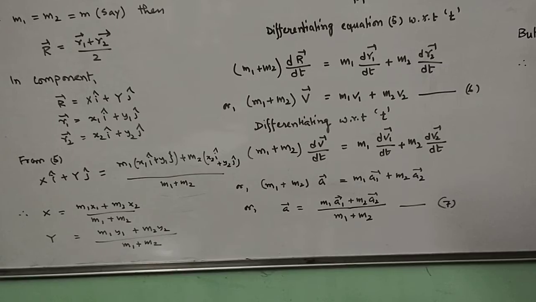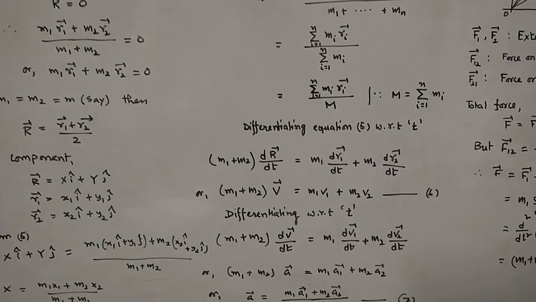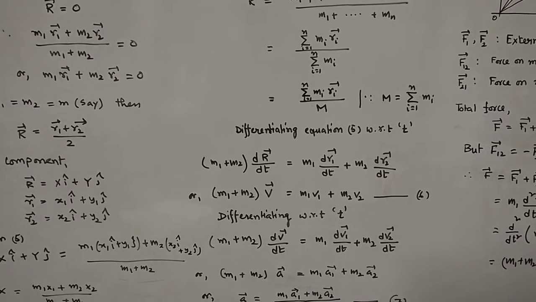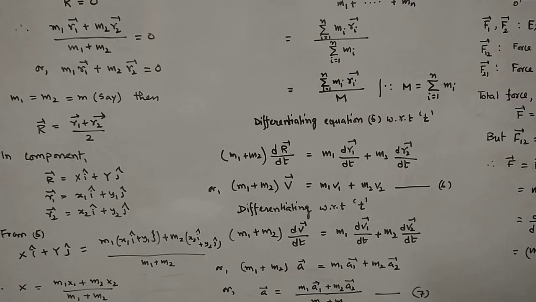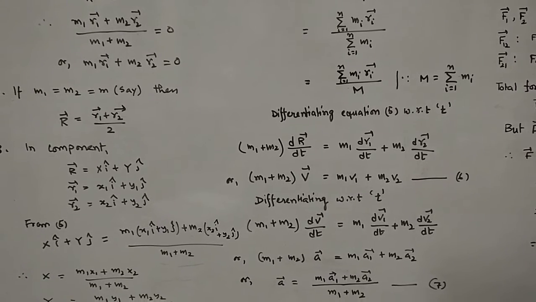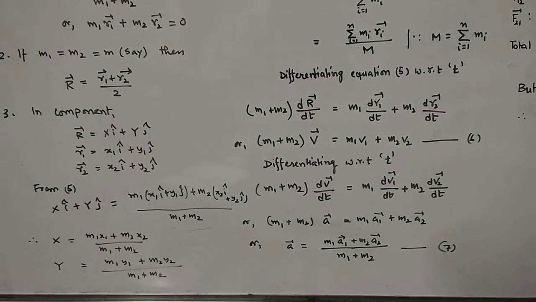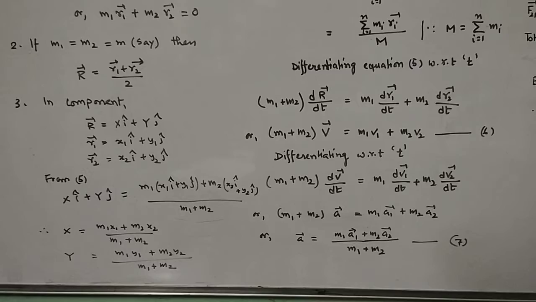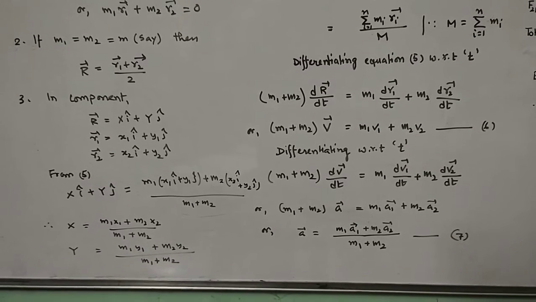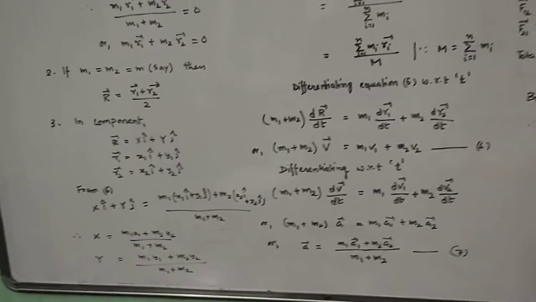So X i cap plus Y j cap equals m1 times x1 i cap plus y1 j cap plus m2 times x2 i cap plus y2 j cap, divided by m1 plus m2. Comparing for i cap, X equals m1 x1 plus m2 x2 by m1 plus m2, and Y equals m1 y1 plus m2 y2 by m1 plus m2.